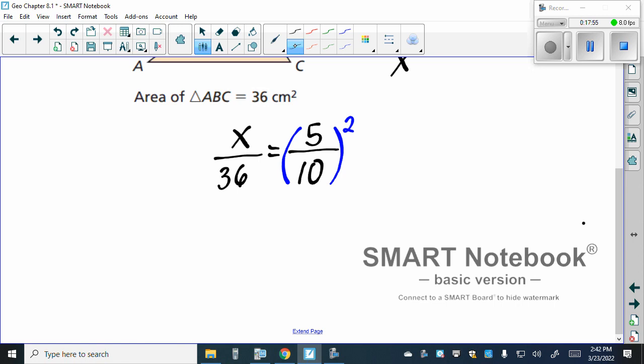Now, there's two things we can do at this point. One is we can go on and plug in 5 over 10 in parentheses squared to see what we get. If we do that, we would say that x over 36 is equal to, because 5 over 10 is what? 1/2. And if we square 1/2, 1/2 times 1/2 is 1/4.